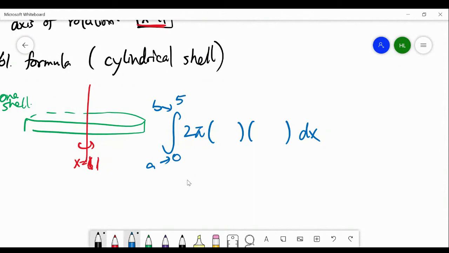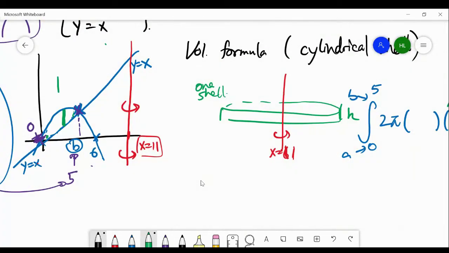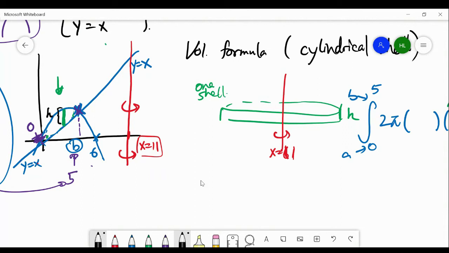So what are the remaining things inside the formula for the method of cylindrical shell? It's related to how you understand the shell. First, the second item usually is called h, which is the height of the shell. Please go back to the picture we have on the left-hand side. If you look at just one single vertical green line, the height of such a cylindrical shell is here.